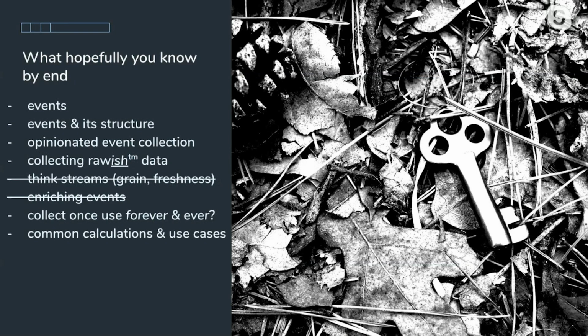So I'll dig into our topic and talk about some of the things that we want to cover. I struck out a few things that I thought were a little bit more advanced, but feel free to ping me about them, and I'd be happy to answer. Majorly, what we want to talk about today is the idea of events and how they're structured. One of my approaches to this is how you should have opinions about different things and make sure that you're consistent with your opinions as you collect data.